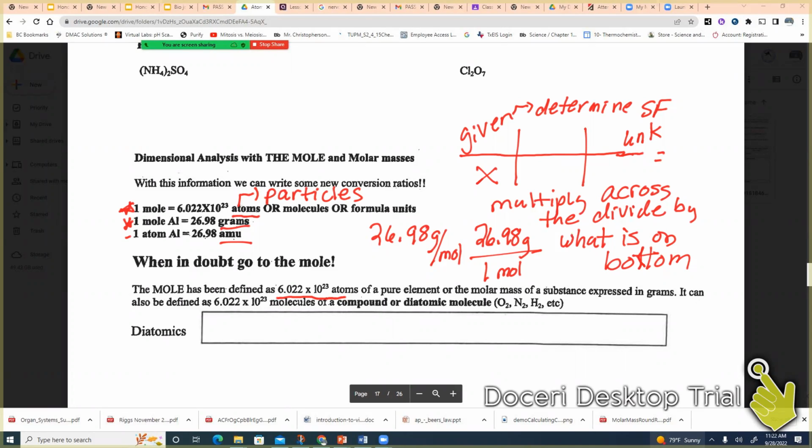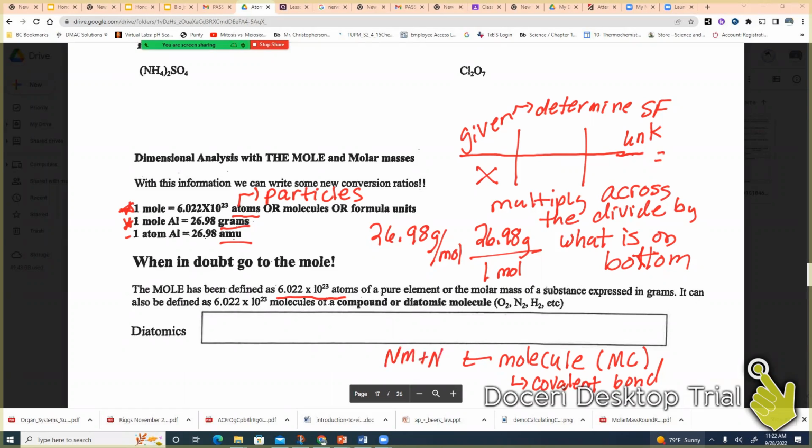If we talk about a molecule, and I usually just put MC, the word molecule means that it has a covalent bond in it. And that happens between 2 nonmetals.